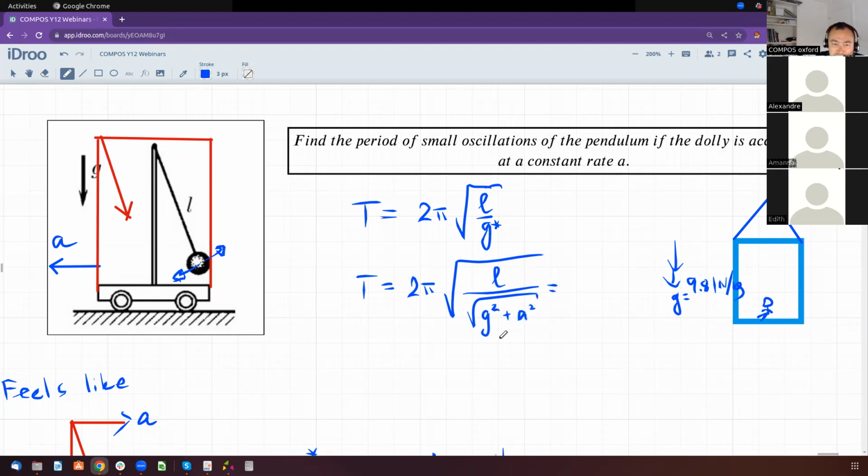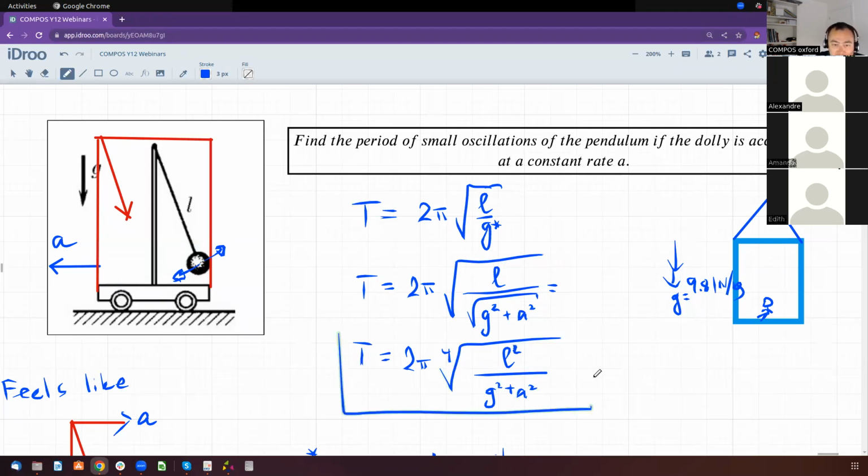And we can make it slightly prettier: it's going to be 2 pi times the 4th root of L squared divided by G squared plus A squared. So this is the answer.